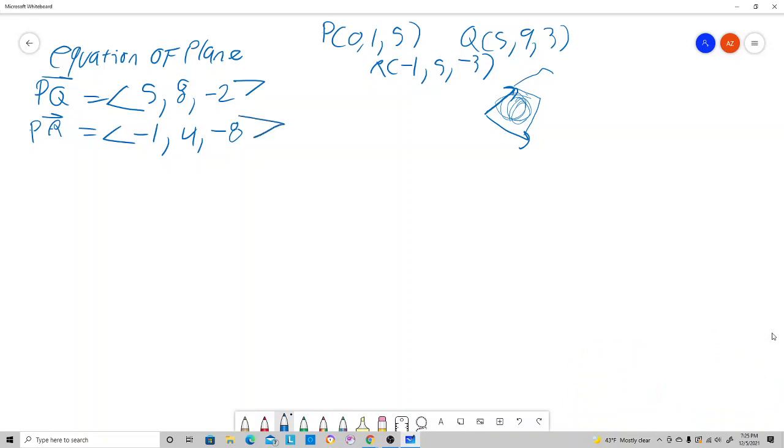And now the next step is, because now we have two vectors, right? Now we want to create another vector that's orthogonal to both of the vectors.